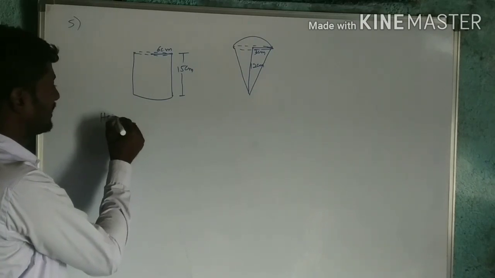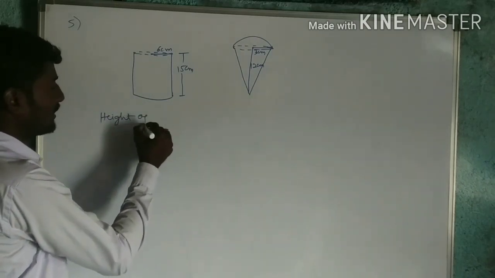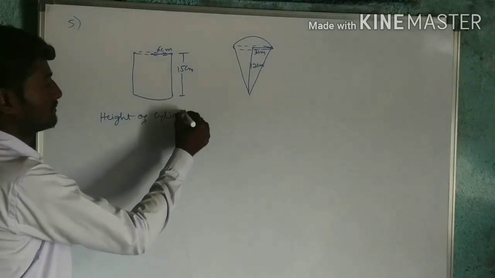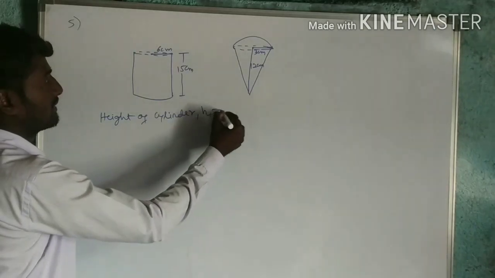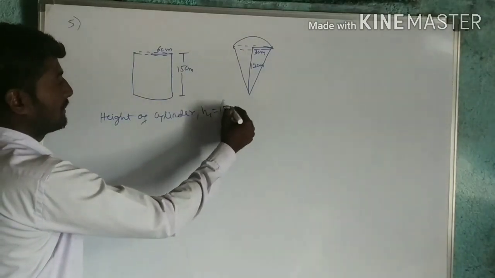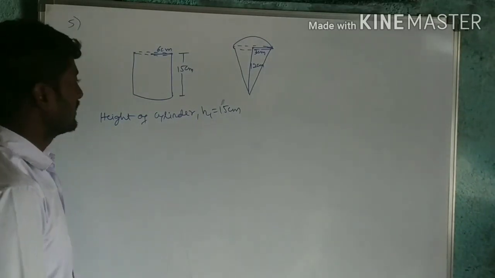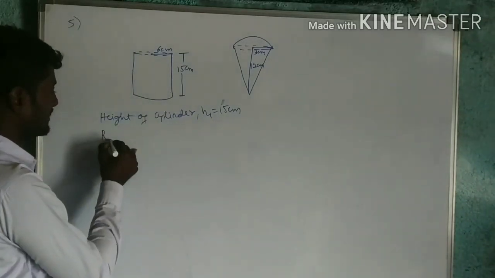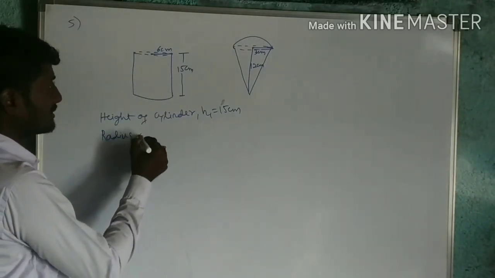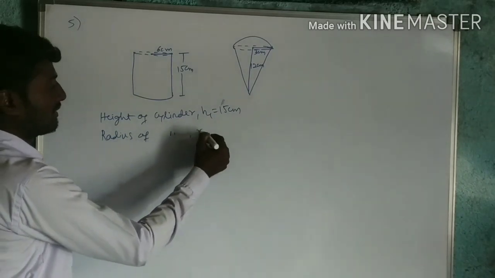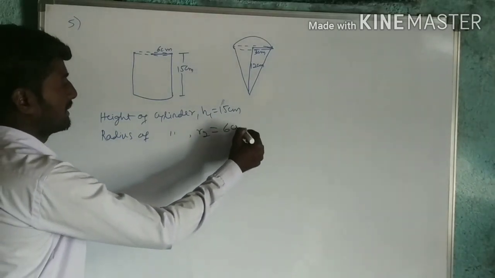Height of cylinder, I will take h1, that is 15 centimeter. Next, radius of cylinder, I will take R1, 6 centimeter.